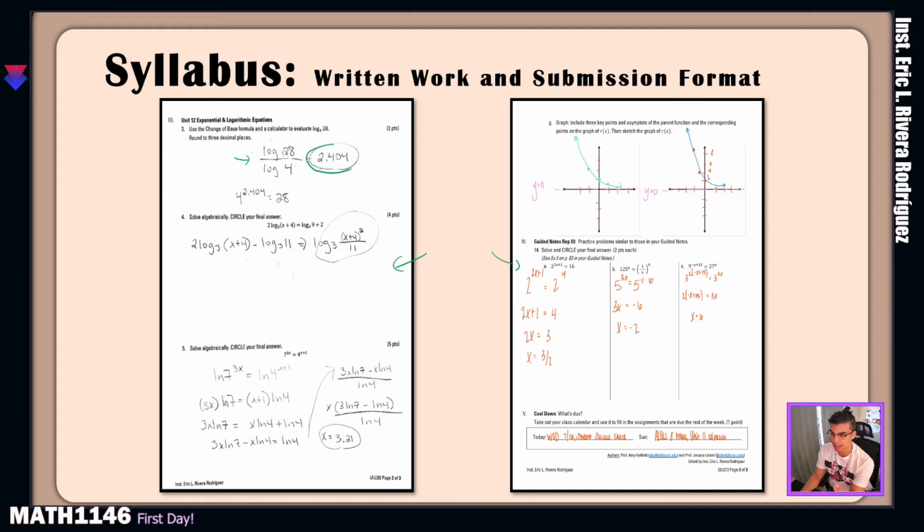I like that circle indicating the final answer. I like the steps and the arrows that guide me through the thought process. I like the logical order of the steps, or the logical placement of the steps.